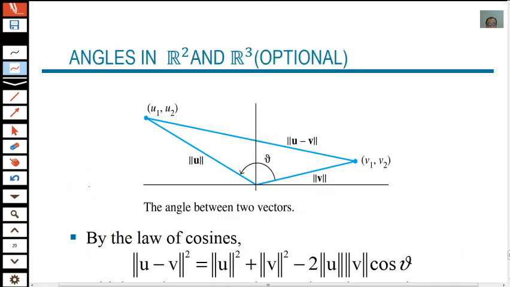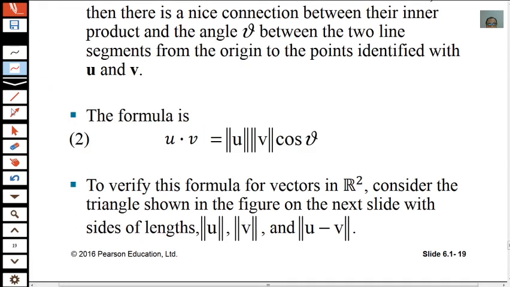And here we have an important theorem. The dot product of U and V is equal to the length of U times the length of V times cosine theta, where theta is the angle between them. Actually, you know this formula from calculus 2.